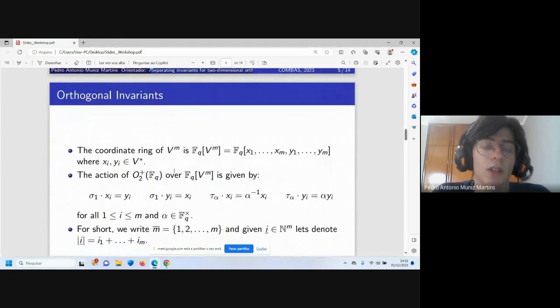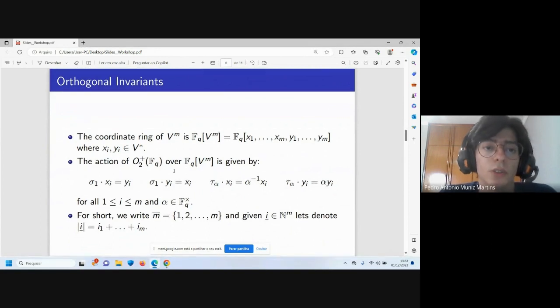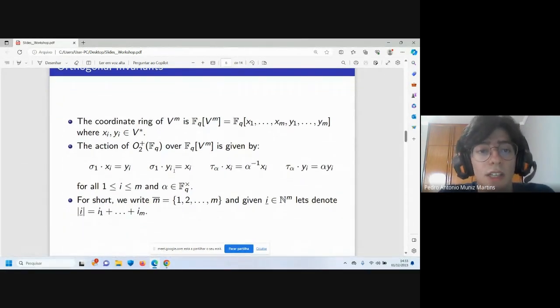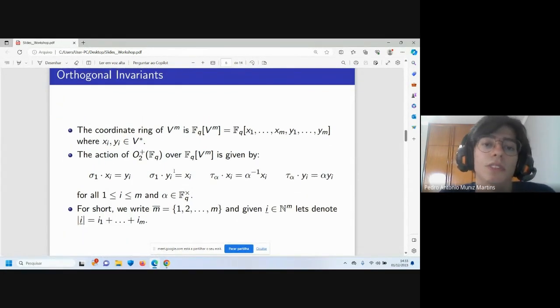Now let's talk about the invariants of this orthogonal group. We consider the coordinate ring of m copies of this vector space as above, and here we consider x_i and y_i as elements of the dual of our vector space, because we need to consider them as functions to really calculate our polynomials at a vector from the vector space.